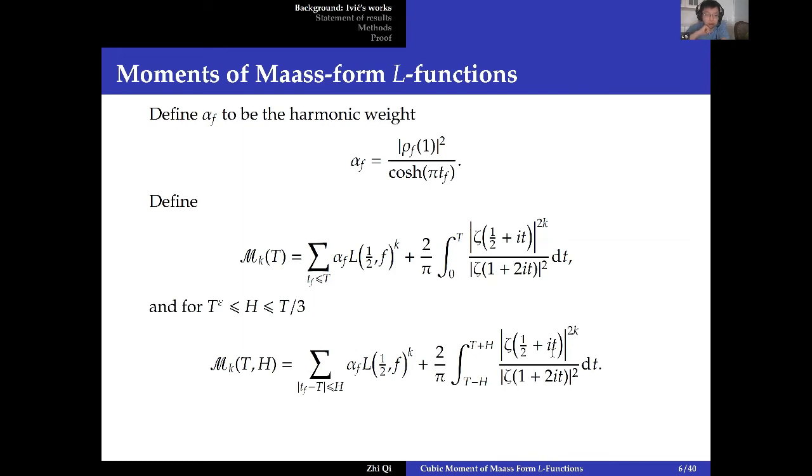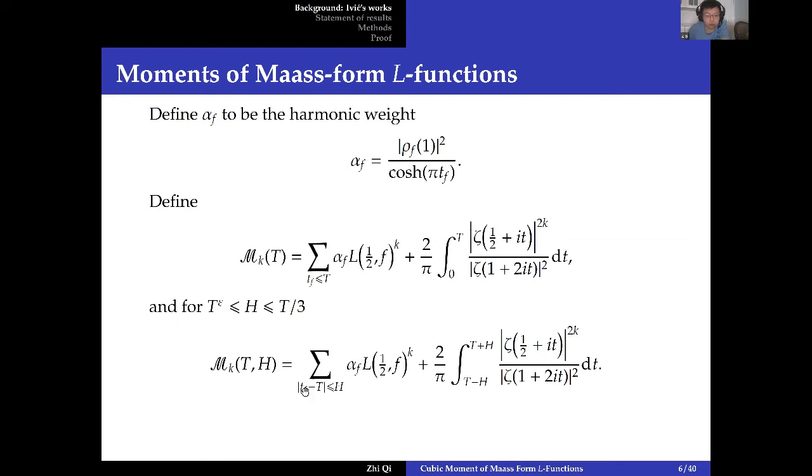Also we're going to consider a little bit more complicated M_K(T,H), defined this way. This small tf will be on an interval centered at capital T, with window length capital H, defined in the same way.